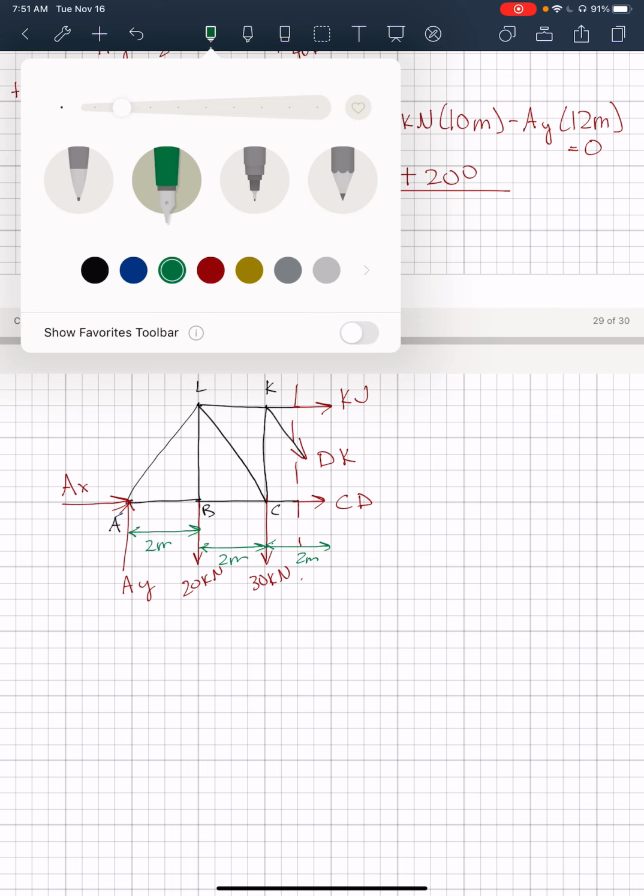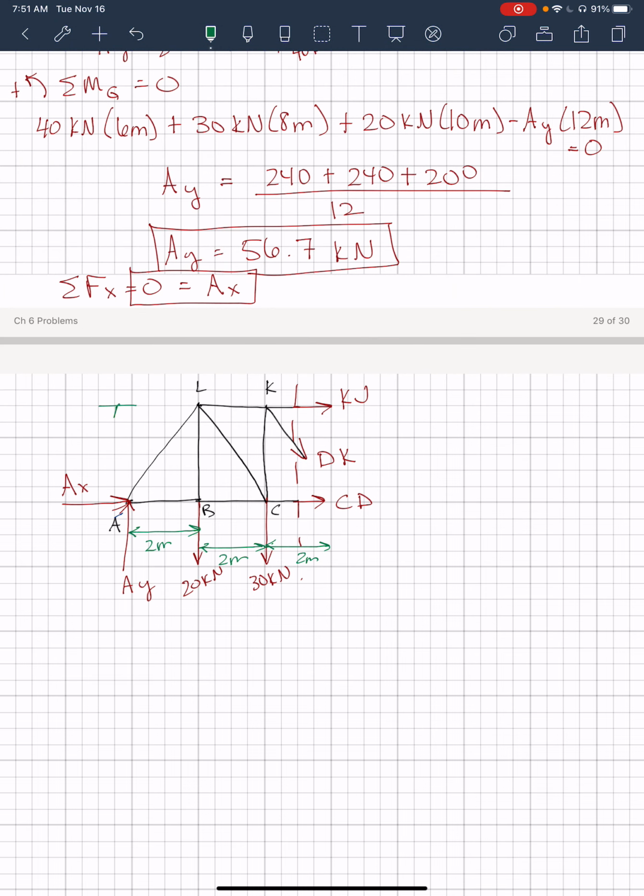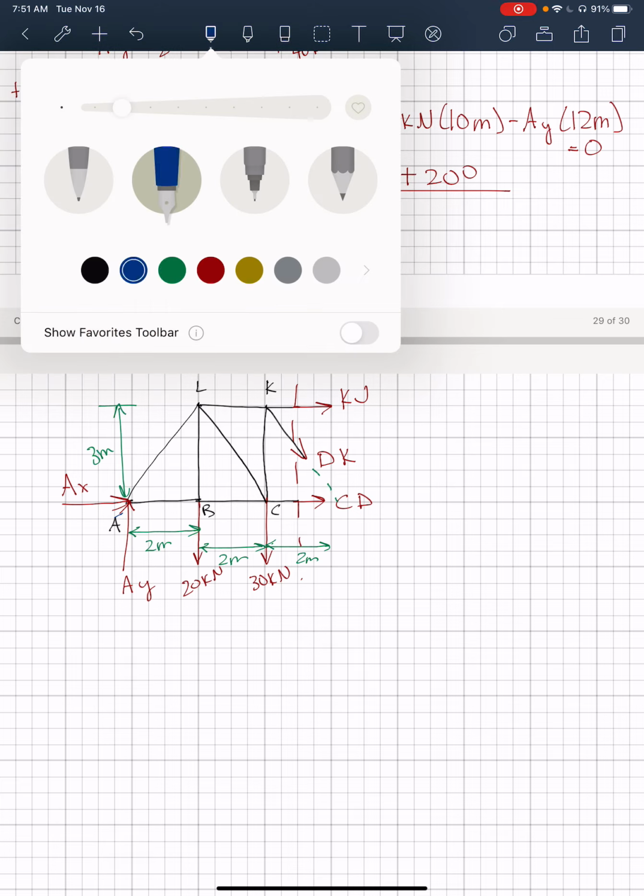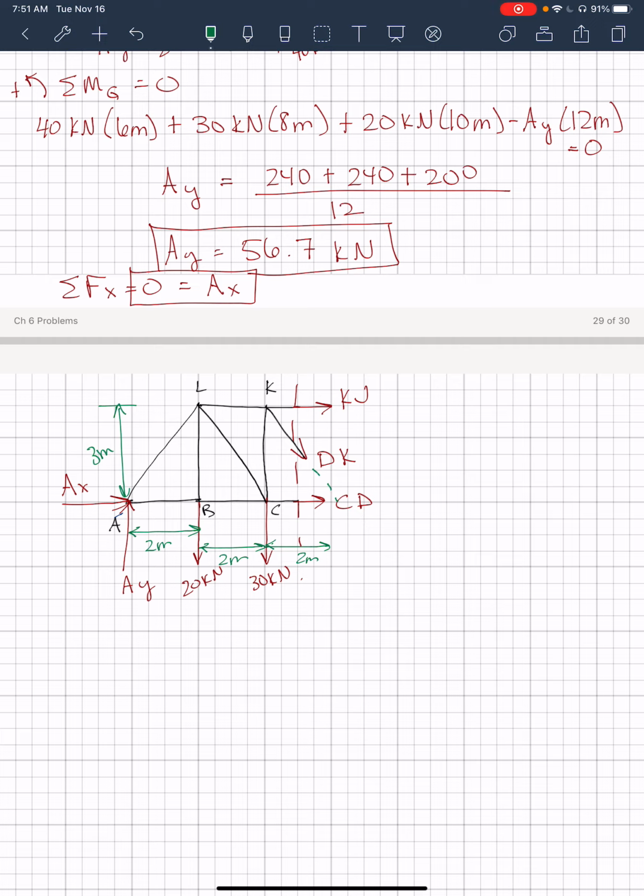And we know this height is 3 meters. That distance is 2 meters. So with this, we need to go down 3 and over 2. That would be the square root of 3 squared plus 2 squared.